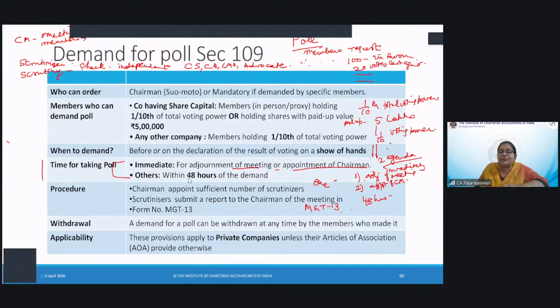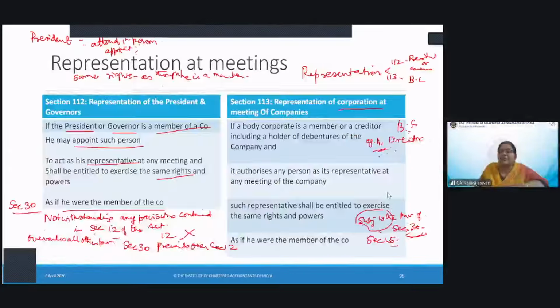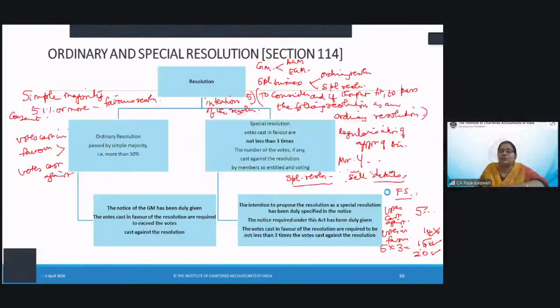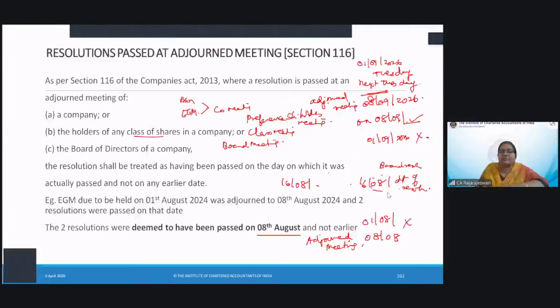In other cases, you can wait, you can take it within 48 hours of the demand. So remember these two things carefully. Read section 109. Adjournment of meeting or appointment of chairman: in both cases, you should take it immediately. That is the concept.